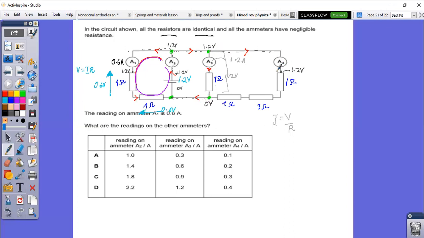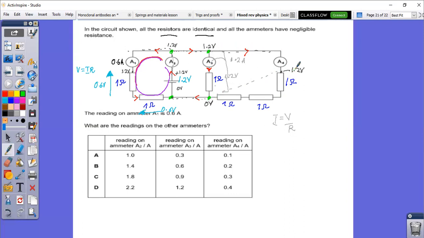So between these 2 points here, I have got a potential difference of 1.2, and I have 3 resistors. Now I could have either used Kirchhoff's law and looked at this loop, or I can simply just look and say, what is the potential difference between these 3 resistors?